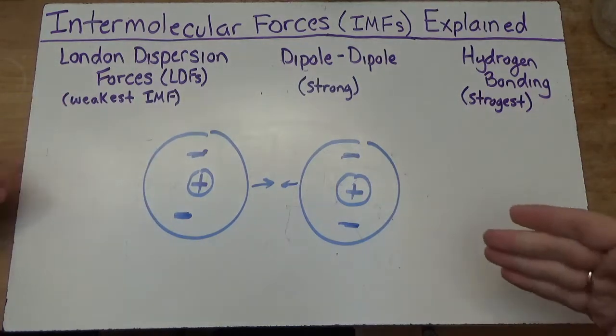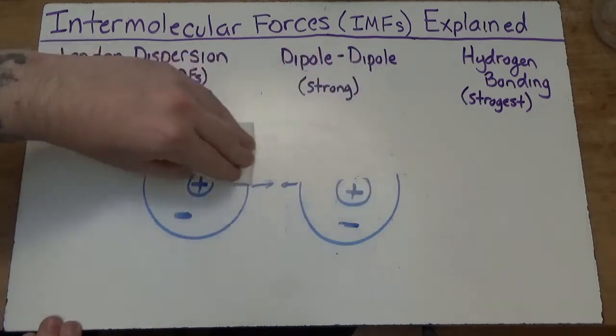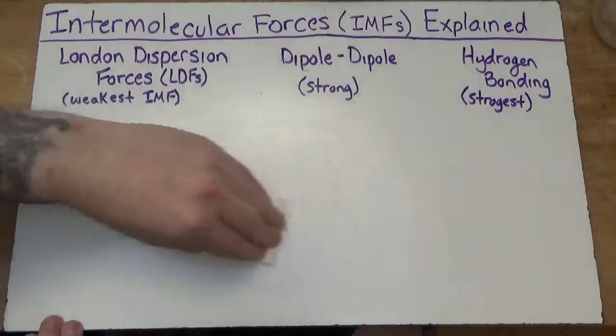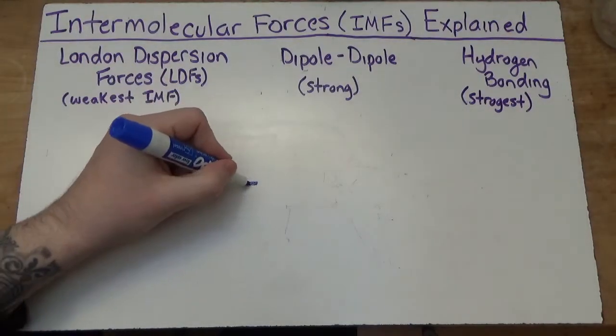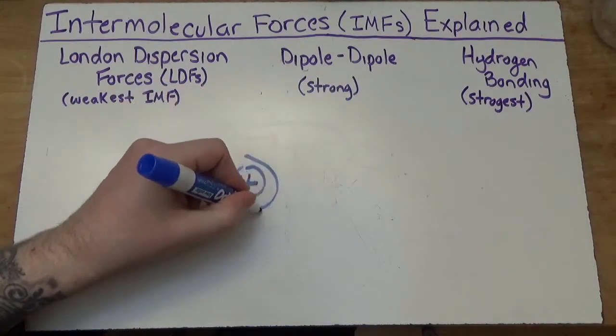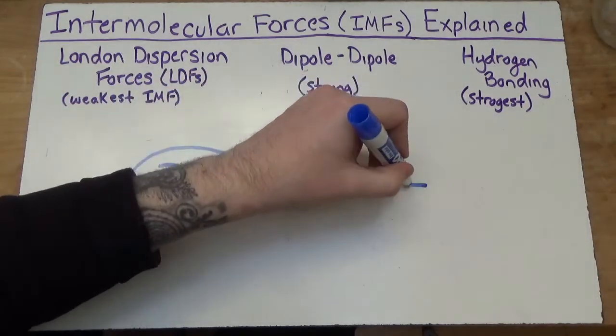So what happens as these get closer and closer is that the charges, positive and negative, are going to cause these atoms to warp. They're going to start to look different. They're going to probably start to look something like this.